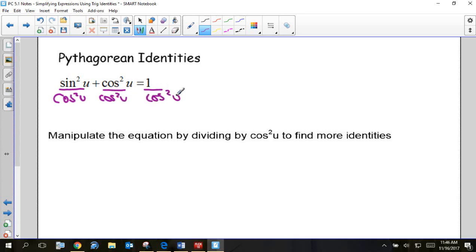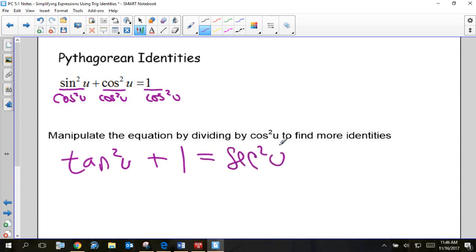And sine squared u divided by cosine squared u is tangent squared u, plus cosine squared over cosine squared is 1, equals 1 over cosine squared, which is secant squared u. So I'll get my number 7. And then to get 8 and 9, we're just going to subtract things to solve it for different pieces.